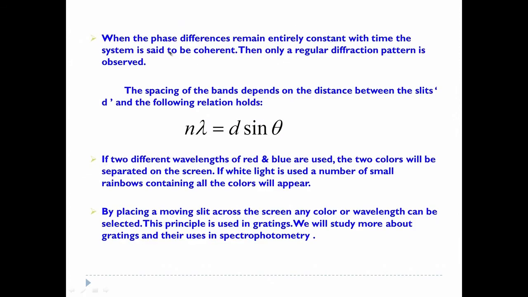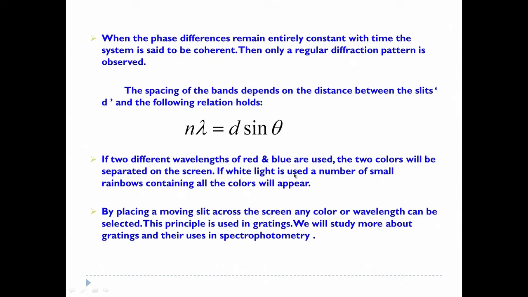Whenever the phase differences remain entirely constant with time, the system is said to be coherent. Then only a regular diffraction pattern is obtained. The spacing of the bands depends upon the distance between the slits, that is mechanical slits, and the resulting equation is n lambda is equal to d sin theta.